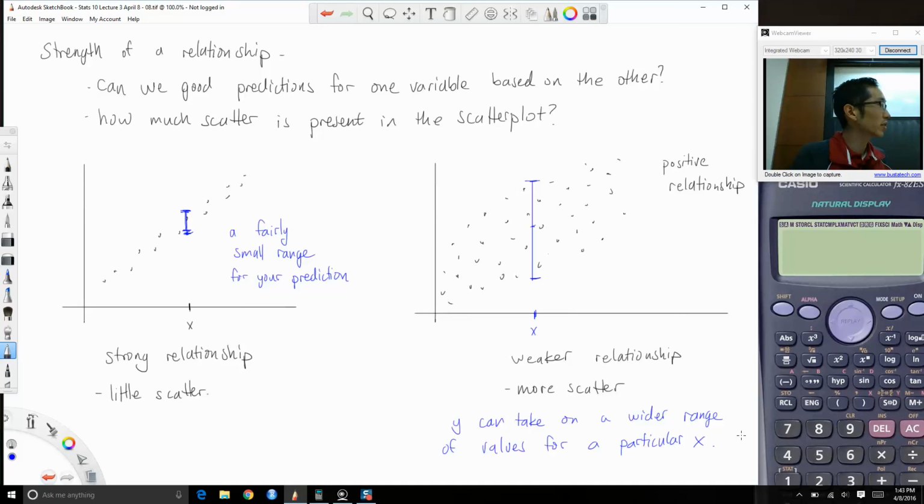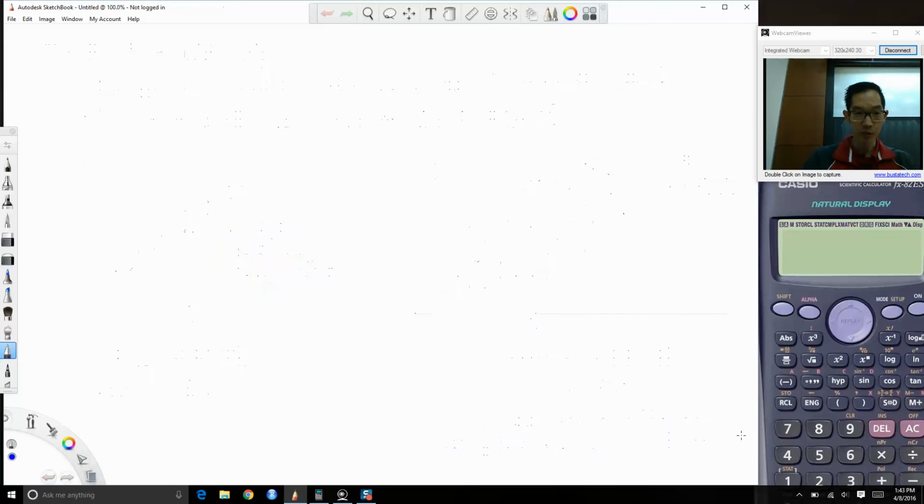Okay, so that's kind of the idea behind strength. So, if we think of certain pairs of variables, we can say, what's going to have a strong relationship versus a weak relationship, okay? So, for example, we could take someone's height. So x could be a person's height in inches.